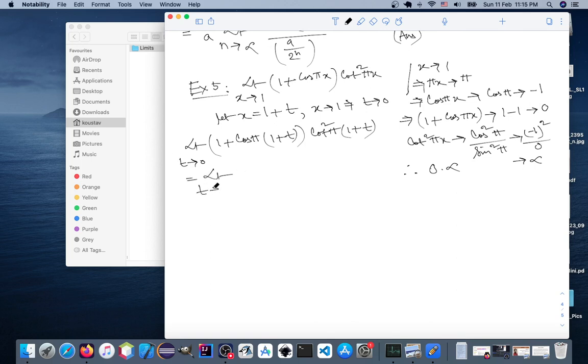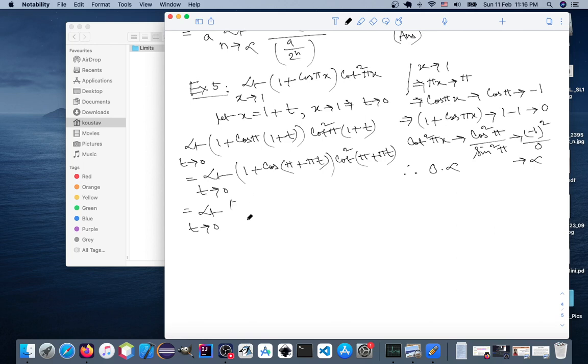This is equal to 1 plus cos of pi plus pi t and cot square of pi plus pi t. Now cos pi plus theta is minus cos theta.